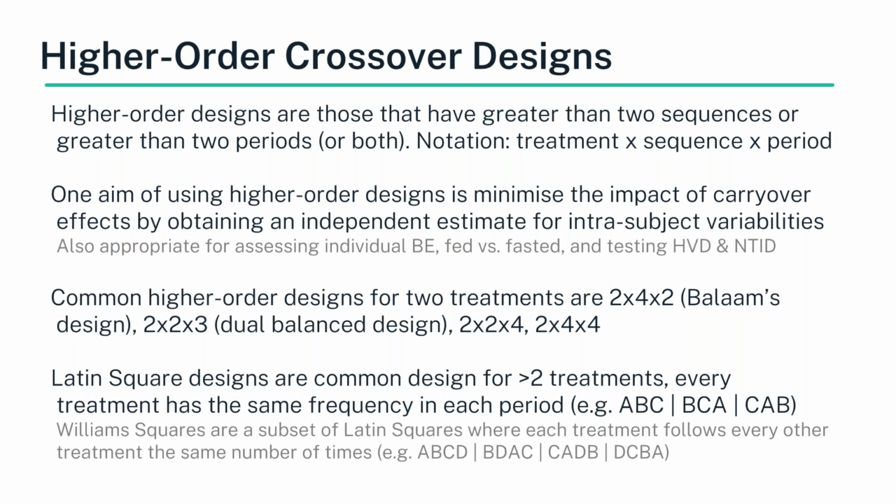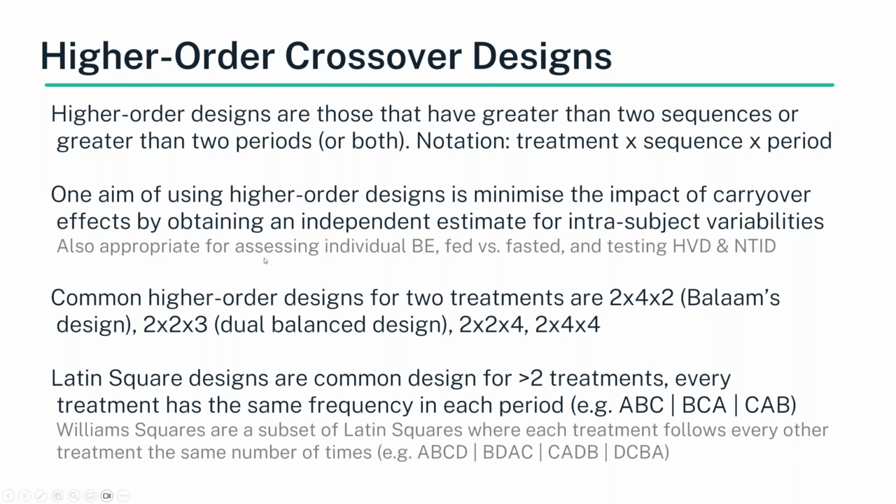But for the design of these higher order crossover trials, Latin squares are used for greater than 2 treatments. And these have the nice property that every treatment will have the same frequency in each period. So if, for example, we look at this 3x3 design here, or 3x3x3, I should say, sorry.